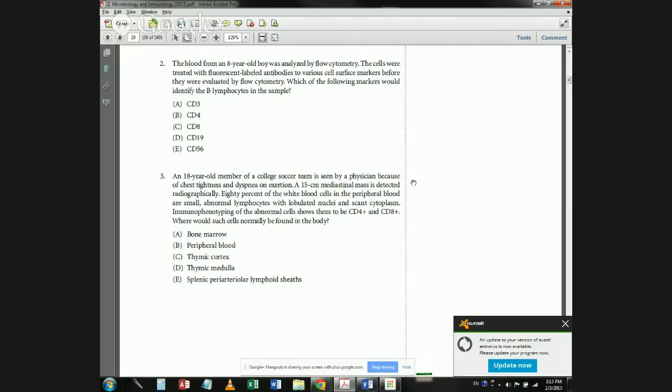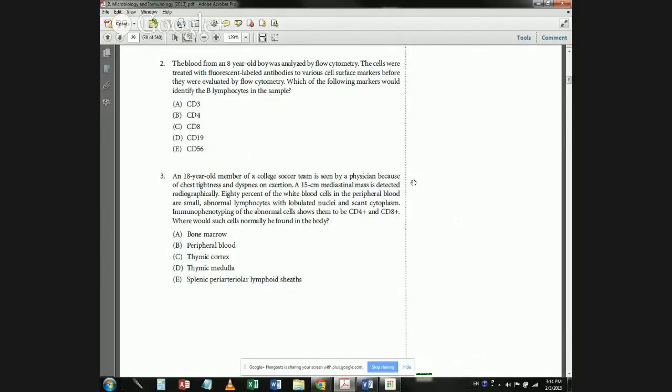Well, now, that is interesting. I have to figure out some kind of a white blood cell that is small. It's a lymphocyte of some kind.